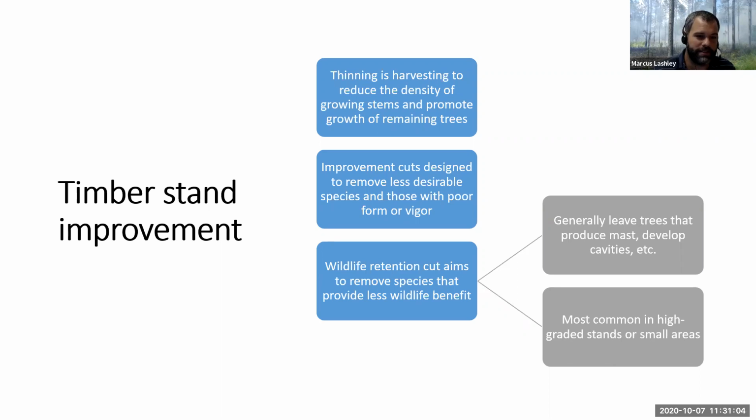In most cases, we would actually just go in and girdle or hack and squirt trees to kill them and leave them standing. And that creates a lot of snags in those areas that are also a really beneficial component of habitat for a lot of our species that need snags. So it's just a standing dead tree.